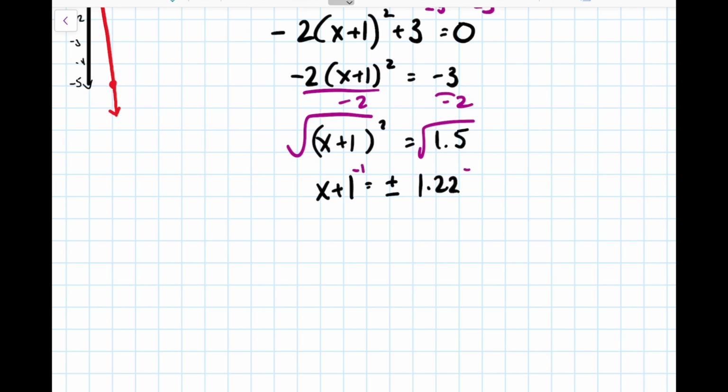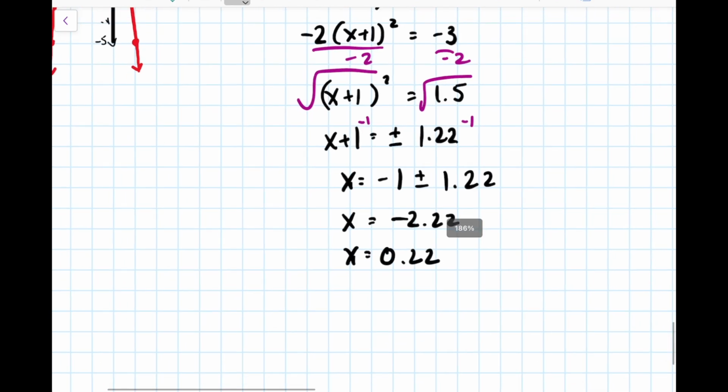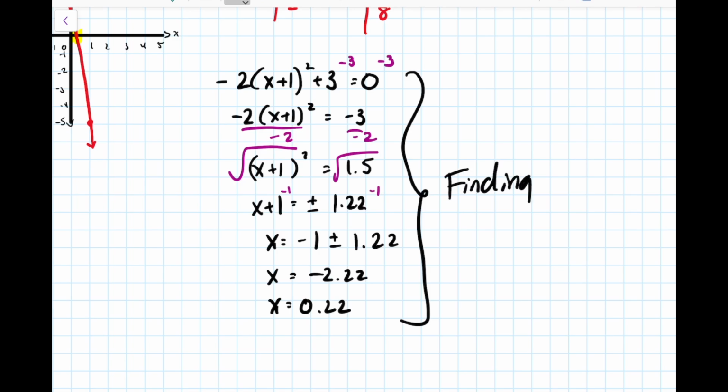Then I'm going to subtract 1 on both sides, which is going to get me x is -1 plus or minus 1.22. So my two x-intercepts are x equals -2.22 and x equals positive 0.22. And so all of that was just to tell me where my x-intercepts are, just so I can write a better piecewise function. So it's a lot of work.